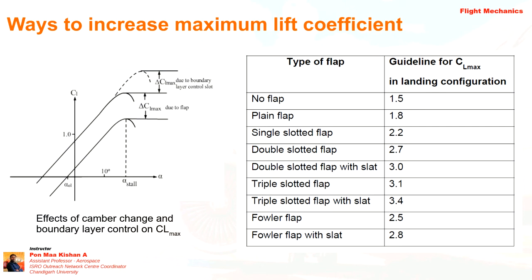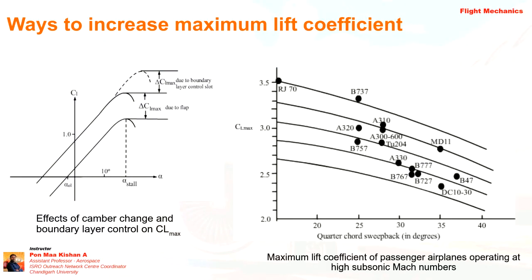Apart from that, we get CL max only at a particular deflection angle, and if you deflect more, our drag will increase. Most aircraft use double slotted flap as well as Fowler flap, where we get nearly 2.7 and 2.5. If you use a slat, then we can attain nearly 3.0. If you go for triple slotted, then the actuators and other systems will also increase, and the cost will also increase accordingly for better performance.